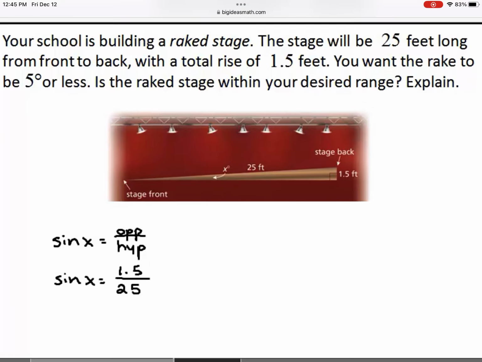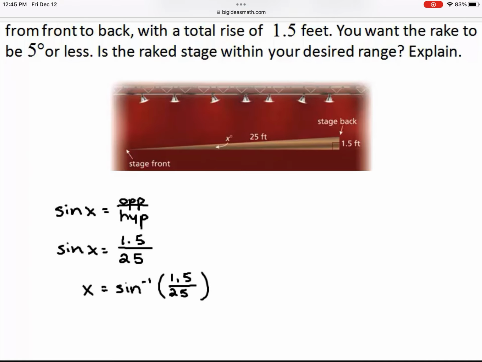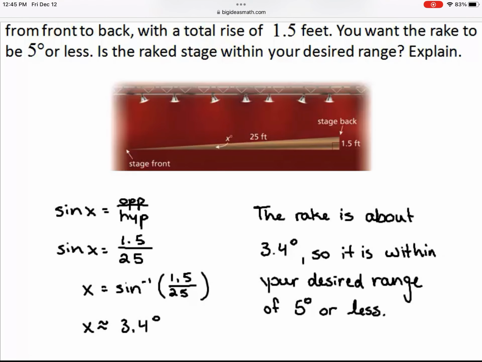Solving the equation for x gives x equals the inverse sine of the quantity 1 5/10 divided by 25. Using a calculator to solve gives x is approximately 3 4/10 degrees. The rake is about 3 4/10 degrees, so it is within your desired range of 5 degrees or less.